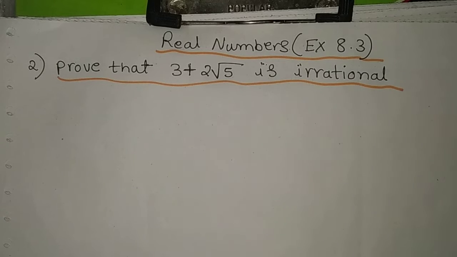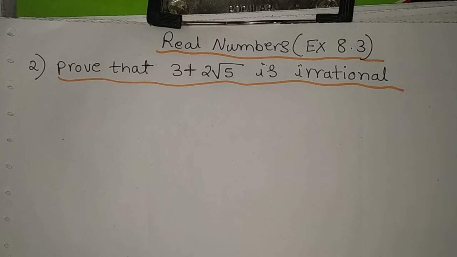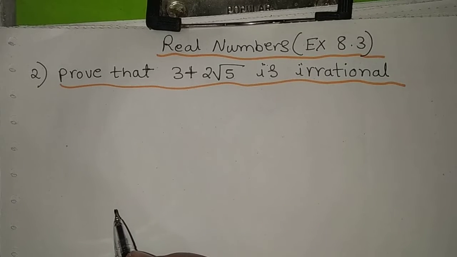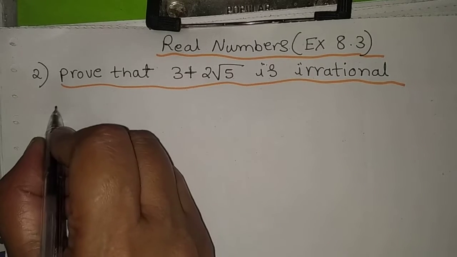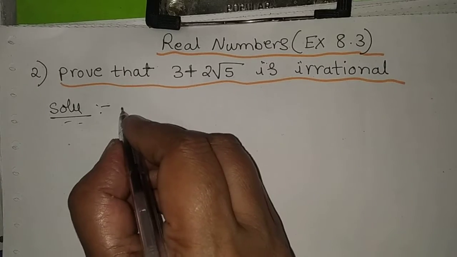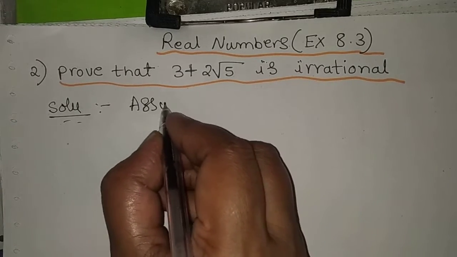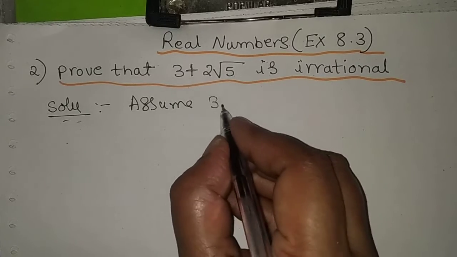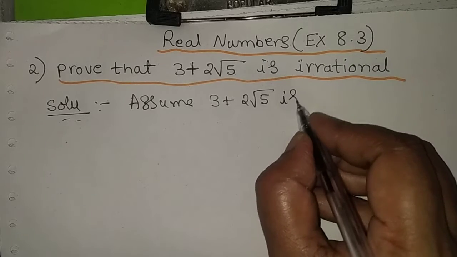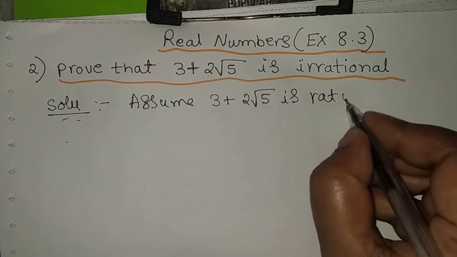Next question is, prove that 3 plus 2 root 5 is irrational. Here also we'll start the solution. That is, assume 3 plus 2 root 5 is a rational number.